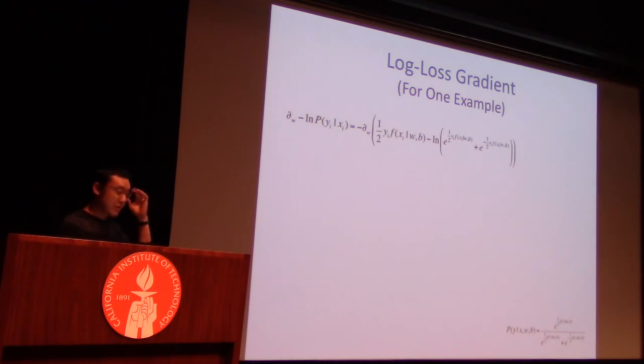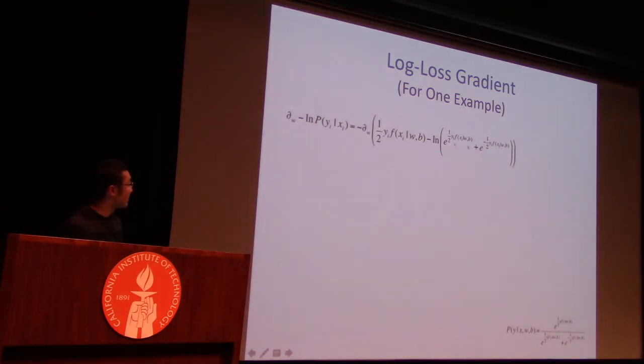Okay, so I'm going to show you a quick derivation of the gradient for one data point to answer some of the questions about computational costs of computing the gradients. So we take the gradient with respect to W of a single data point with a negative log probability. If you recall, this is the formula. What that means is, you take the log of the numerator minus the log of the denominator. The log of the numerator is this thing, and the log of the denominator is this thing. This is a linear function, so we do that, and we do this.